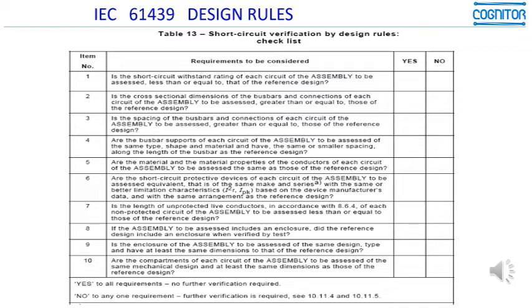Okay, it is also known that if the distance between supports is lower, maintaining all the other conditions, the forces that will act on the supports will be smaller. And in this sequence, we go one by one, checking, for example, whether the material and material properties of the conductors of these circuits are the same.